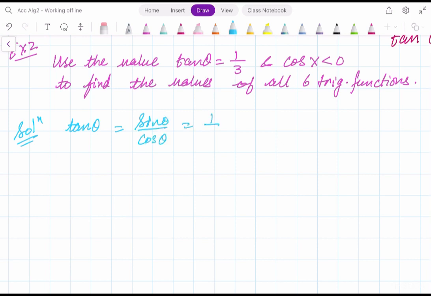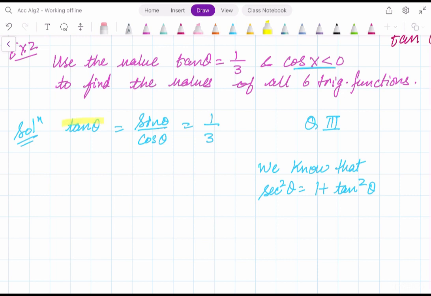We know tangent theta is nothing but sine theta over cos theta, which is 1 over 3. That doesn't imply that the sine theta is 1. No, because we are cancelling out the hypotenuse as well, right? So our line of action is towards quadrant 3. We know that secant squared theta is equal to 1 plus tangent squared theta. And we know tangent theta is 1/3.